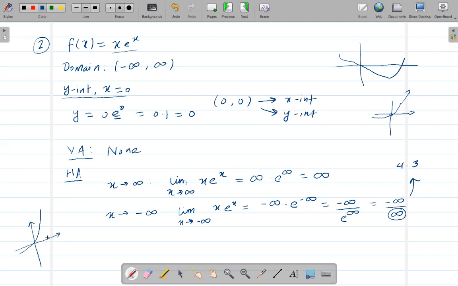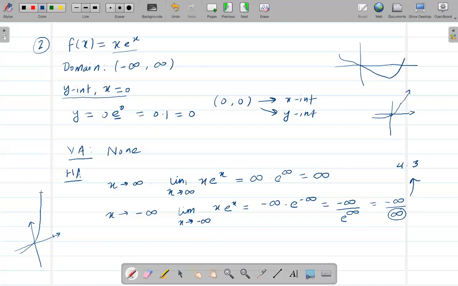The reason is the nature of the exponential graph: when I give some value of x, the y is going to be much bigger.